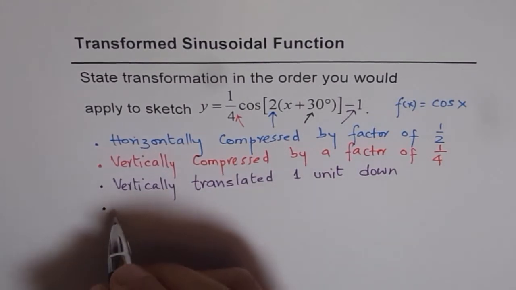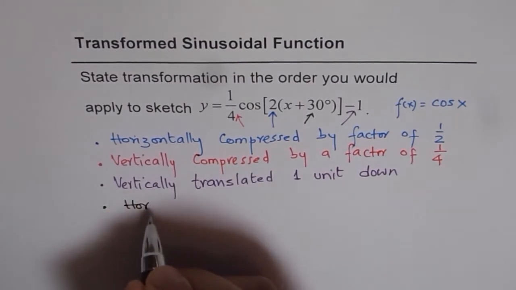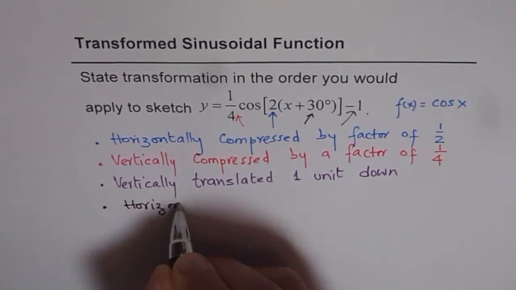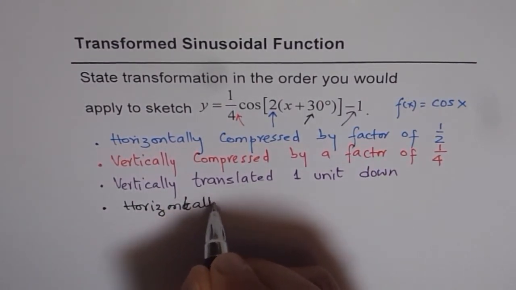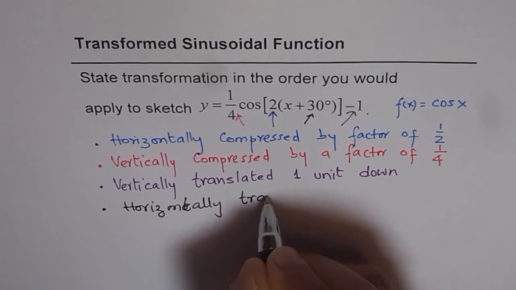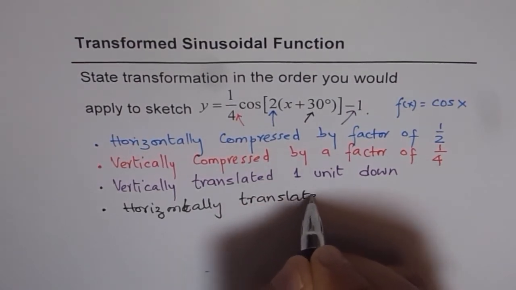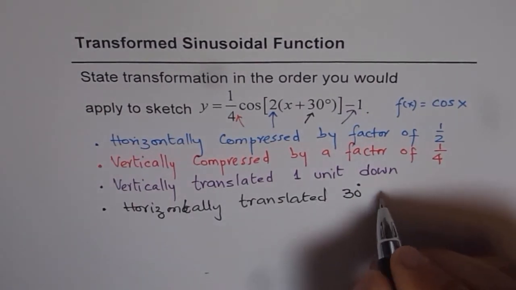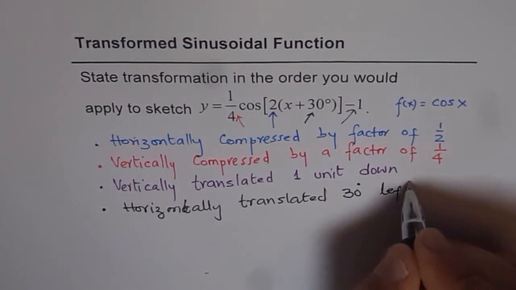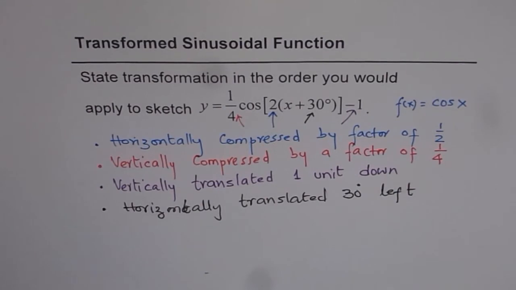So it is horizontally translated 30 units, which is in degrees, 30 units left. So that is the kind of transformation which you'll expect from this function, right?